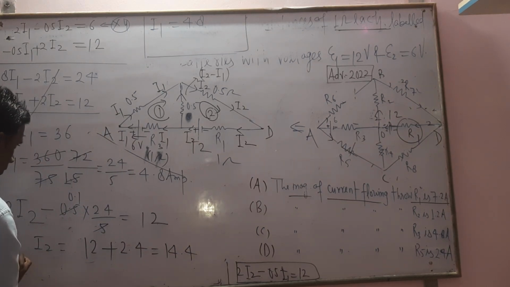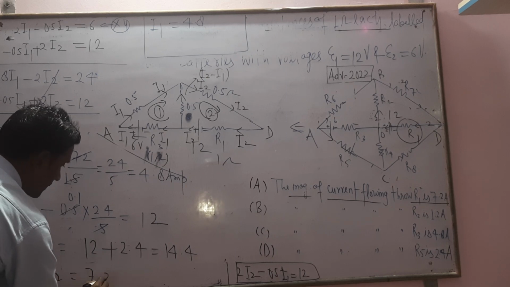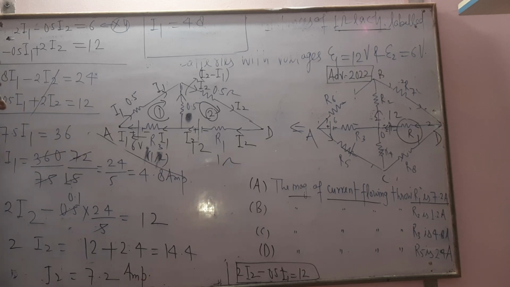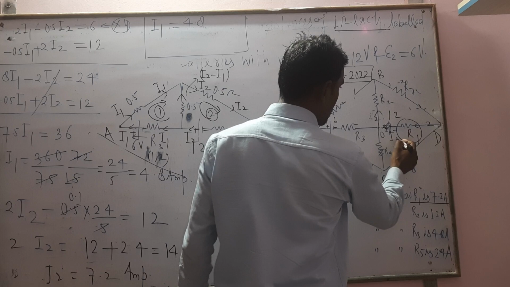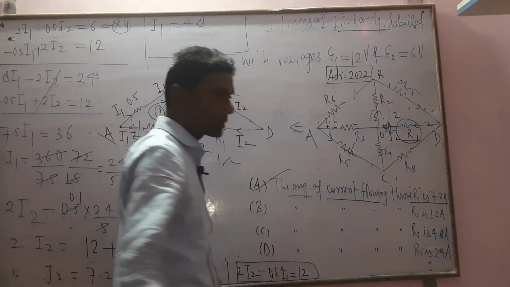So 14.4 is 2 times I2, then I2 equals 7.2 ampere. Okay, so I2 according to R1 is 7.2 ampere. So A is the correct option.